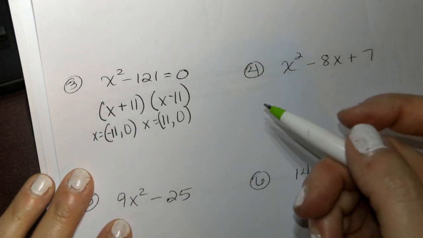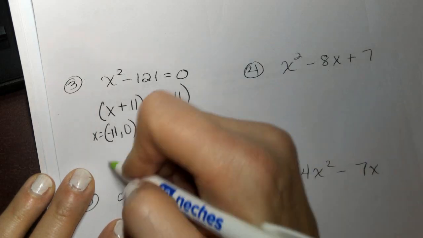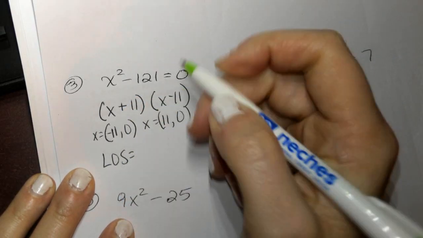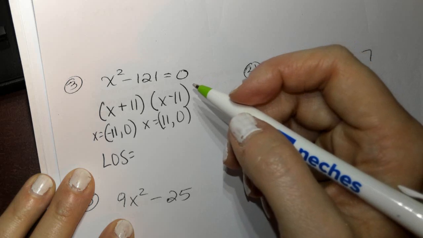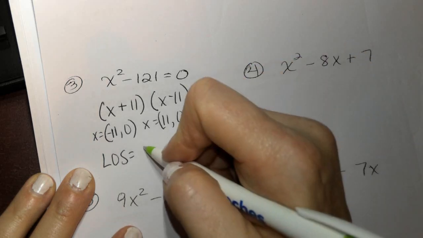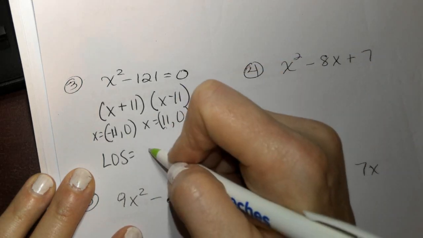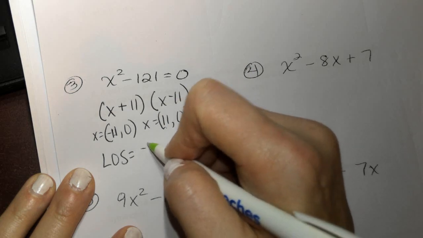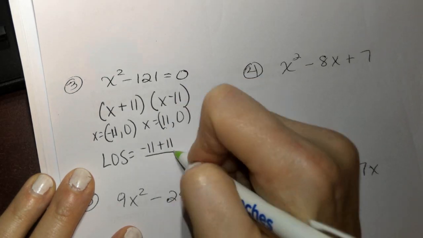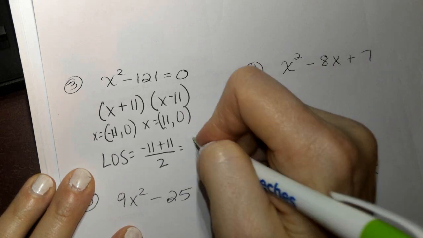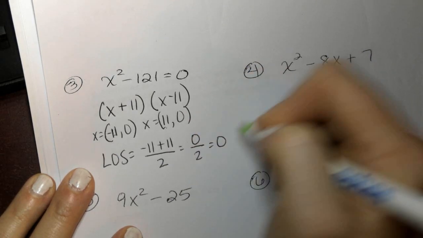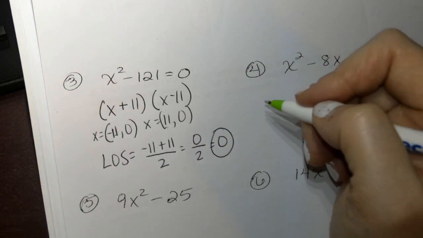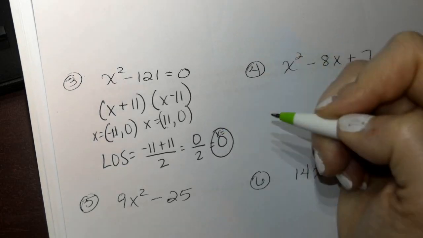And you're not graphing this, okay, but you can still figure out the line of symmetry. Remember, it's your two x values, you add them together and divide by 2. So that's going to be 0 divided by 2, which is 0. So that is your line of symmetry, x equals 0. Alright?